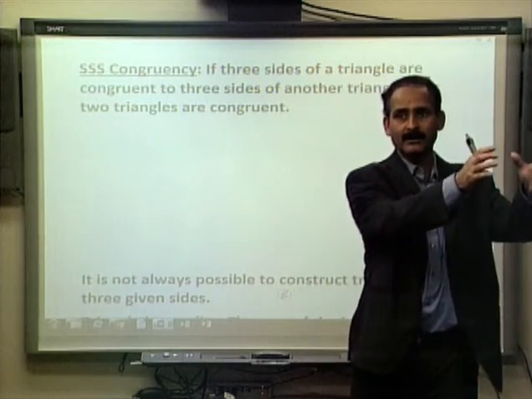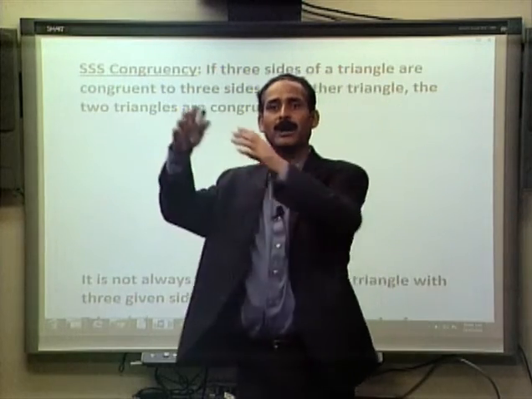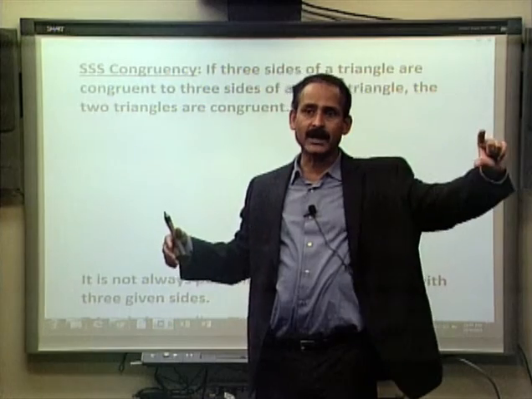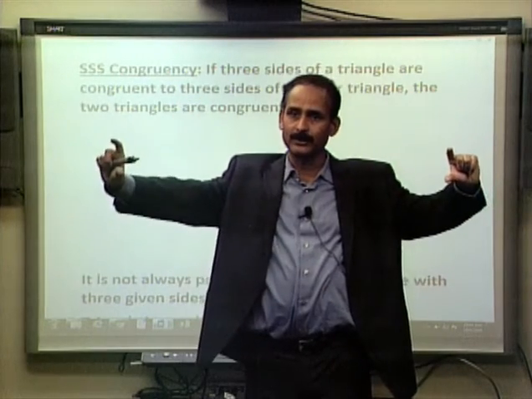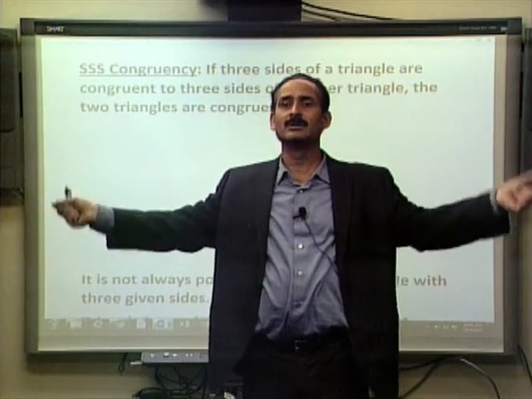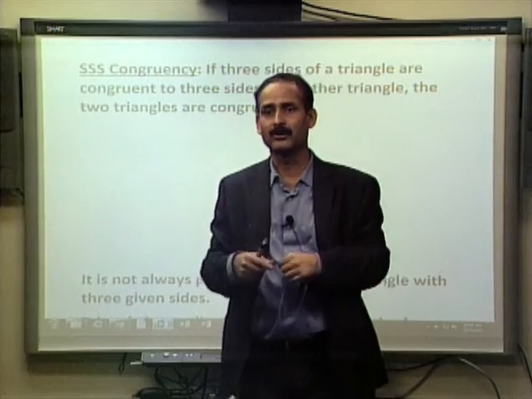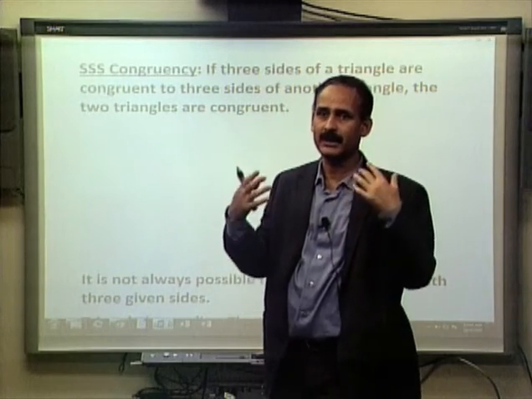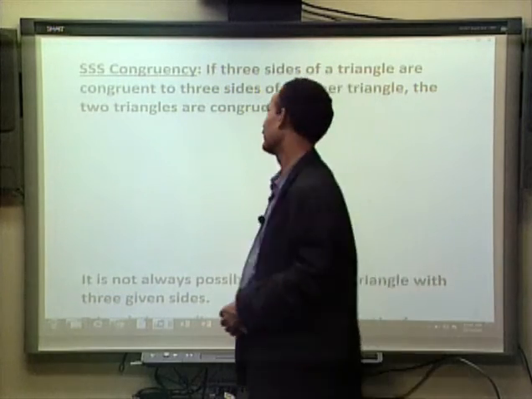We have one triangle, we have a second triangle. If three sides of this first triangle are congruent to three sides of the second triangle, the two triangles have to be congruent. That is what SSS congruency says.